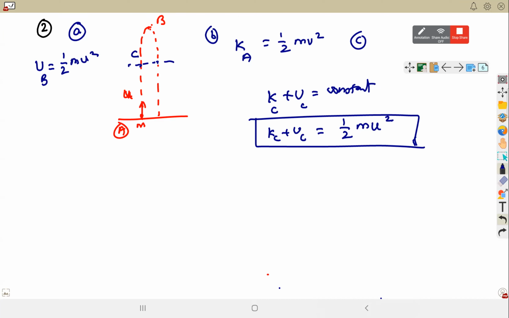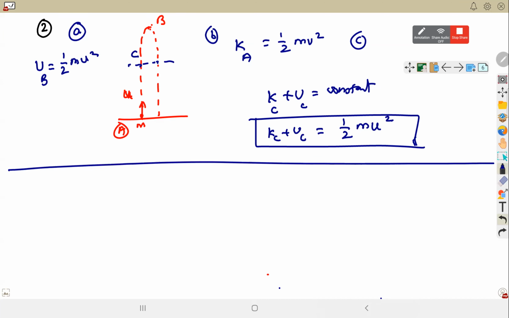Question number 3. A metal ball of mass 2 kg is allowed to fall freely from rest from a height of 5 meters above the ground. Kabir, you got this question in the WhatsApp group?